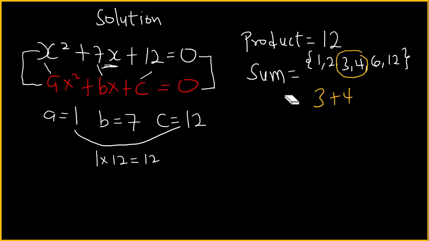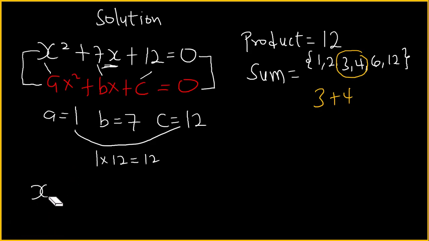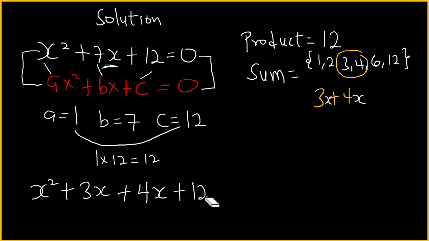And we are going to replace our second term by 3 plus 4. So x squared plus the first number, 3, but you should also bear in mind that the number 7 is attached to x. So x is added to these two factors. So 3x plus 4x plus 12 is equal to 0.